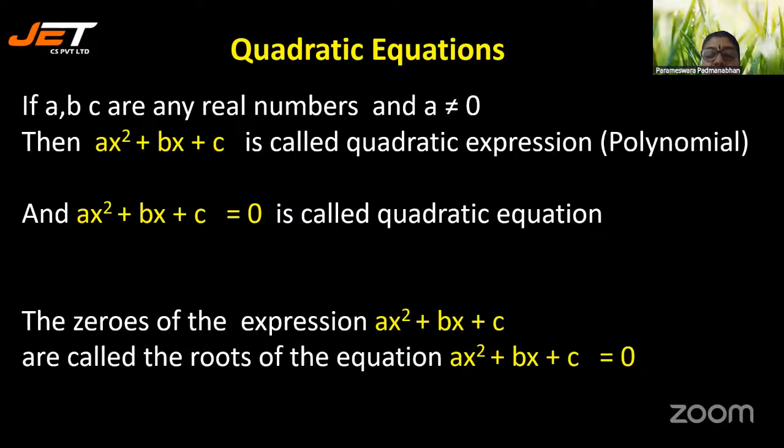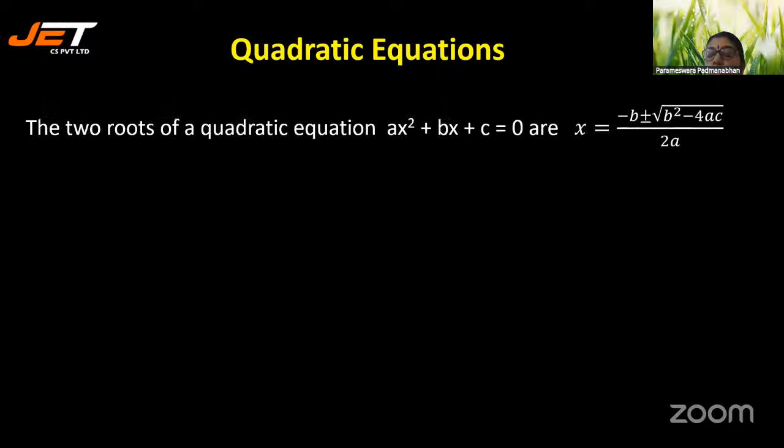The zeros of the expression ax square plus bx plus c are called the roots of the equation ax square plus bx plus c is equal to 0. Now let's look into the roots. The two roots of a quadratic equation ax square plus bx plus c is equal to 0 are x is equal to minus b plus or minus root of b square minus 4ac by 2a.